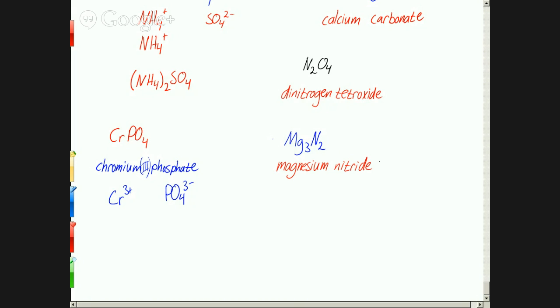Mg, you want us to balance it? This is the name. Do we have to balance? Why don't you need the parentheses here? Because magnesium is +2 and nitrogen is -3. So in order for magnesium and nitride to balance out, it's there for you in the formula.